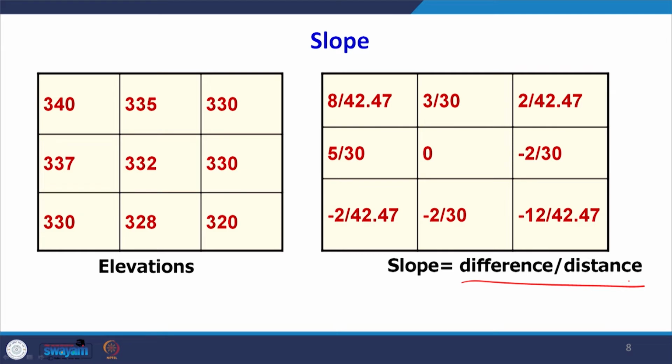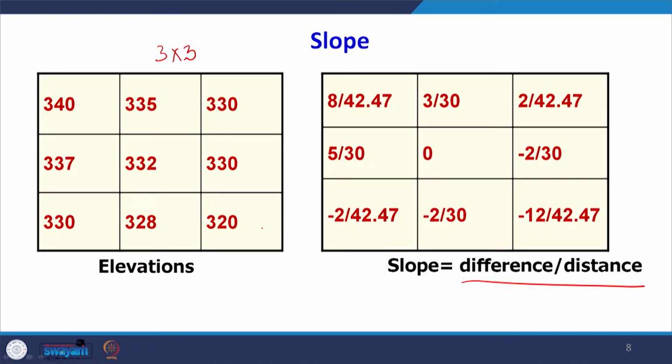Here is an example of a 3 by 3 window where 9 values are shown. We know the grid size, and we also know the values associated with each coordinate of the grid. We have the first value 340, and the last grid shows a value of 320.